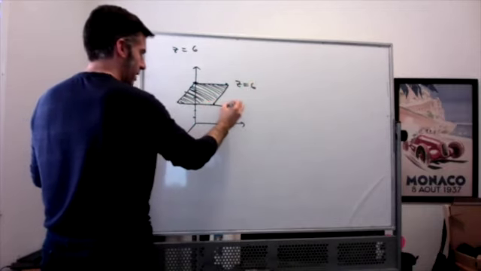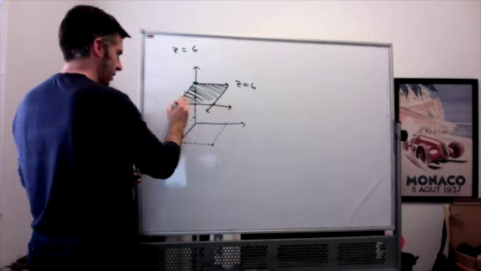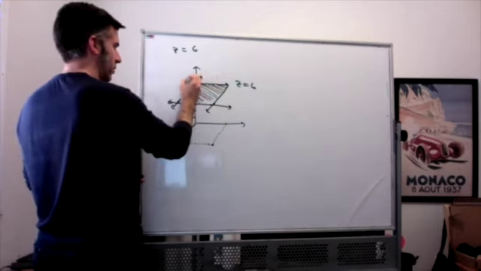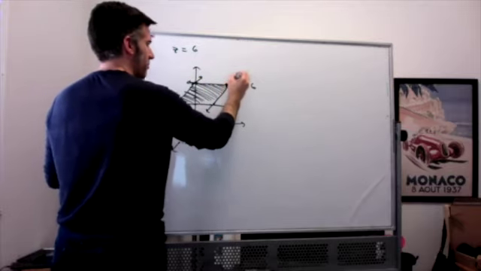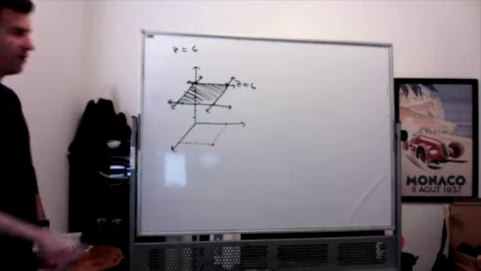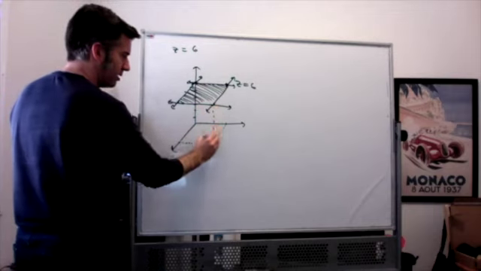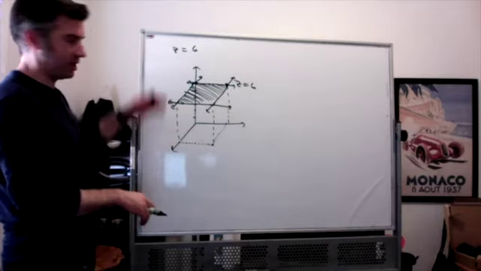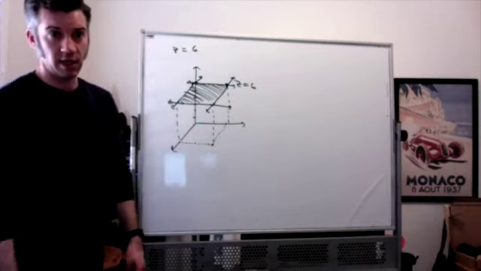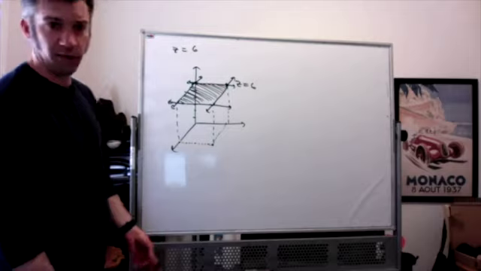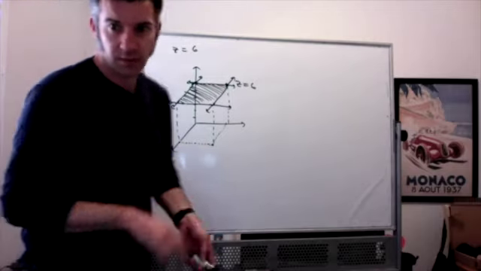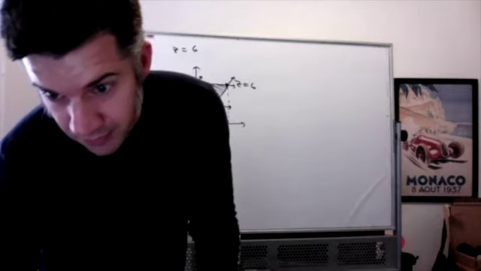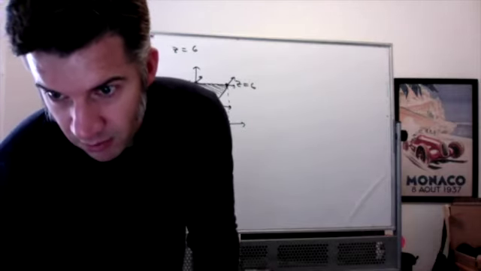And it should extend in every x or y direction. But I'm drawing it this way so that you're thinking of if there was a light shining directly from above, it's casting its shadow down onto the xy plane. So that's interesting.